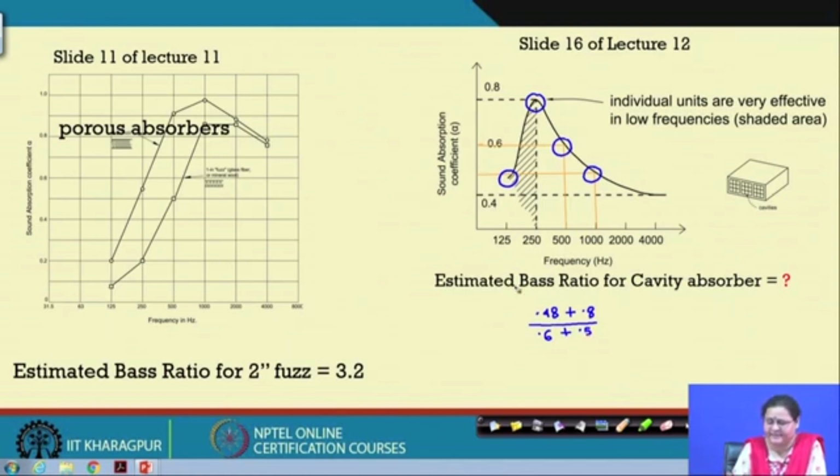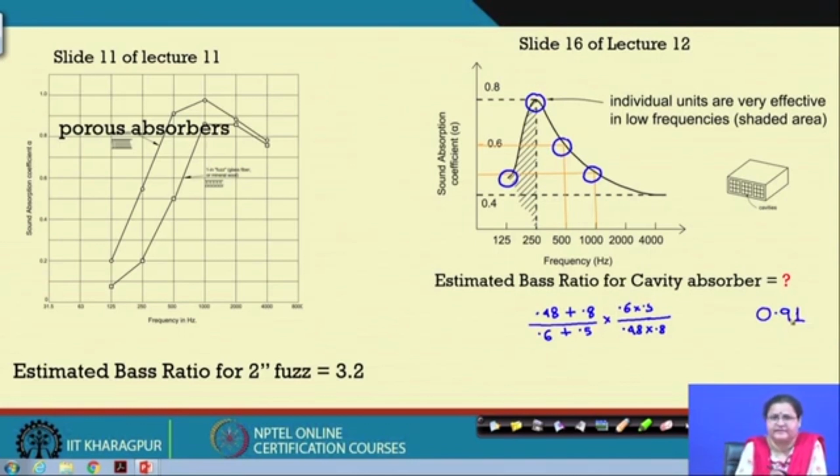These are estimated values, you can get correct values from the chart, and then you again multiply it with 0.6 into 0.5 and then divide it by 0.48 into 0.8. That will give you an estimated bass ratio of this particular absorber. So, this will come around lesser than 1, and if you calculate it out, you will find it will be something around 0.91.